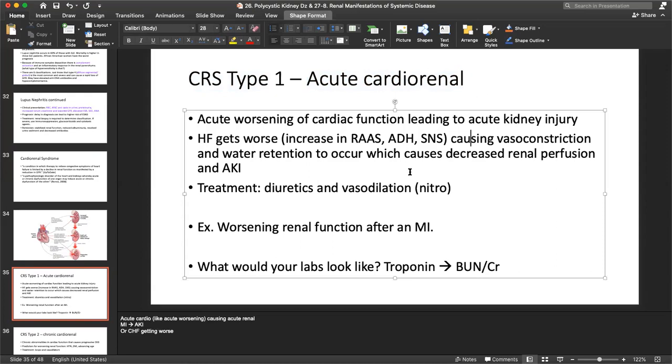So heart failure gets worse, for example, and so then it leads to AKI. So treatment: diuretics, vasodilation. We want to get rid of our cardio problem, and it's going to improve the renal problem. If we have worsening renal function after an MI, we're going to have a positive troponin leading to elevated BUN and creatinine.